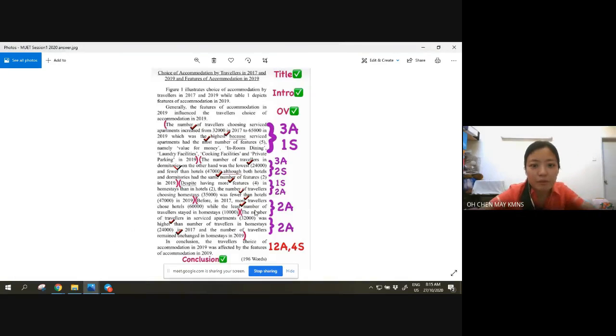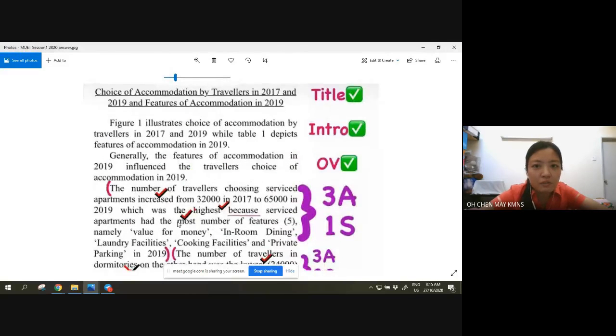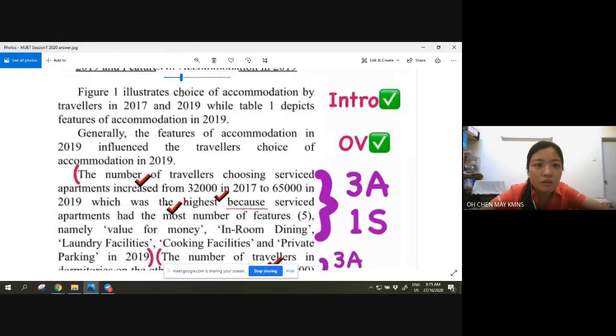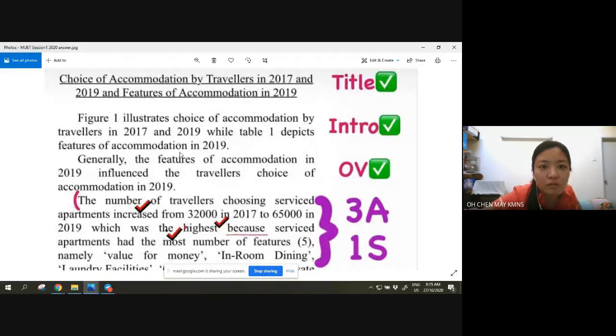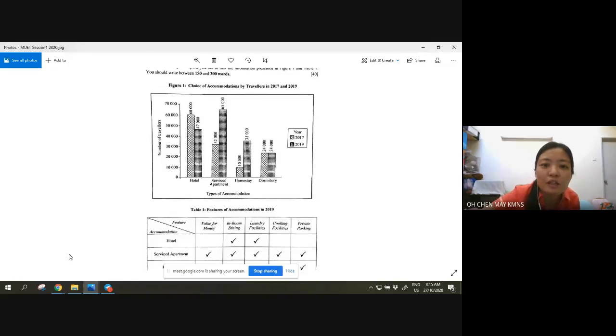This is the sample I just show you for you to double check your title. Choice of accommodation by travelers in 2017 and features of accommodation. Very easy. All right, next one. After that, it's your introduction, isn't it? How do you start your introduction?